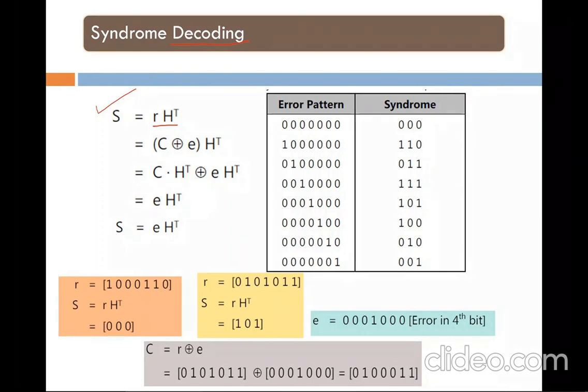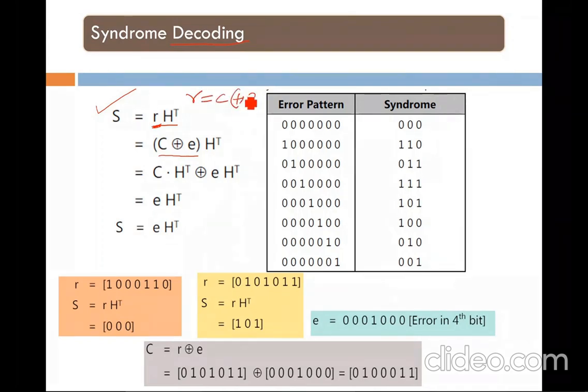On the receiver side, what we get is R, the received code word. This received code word is the original transmitted code word plus the errors, right? Because over the channel, errors might have been added. So R is equal to C plus E.